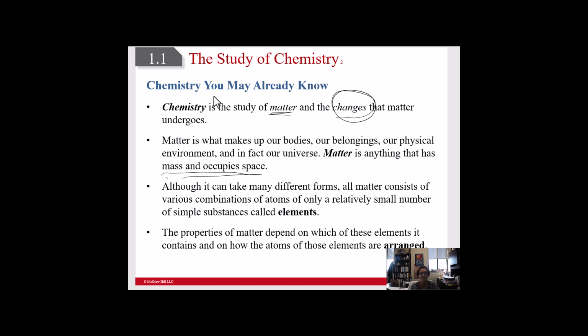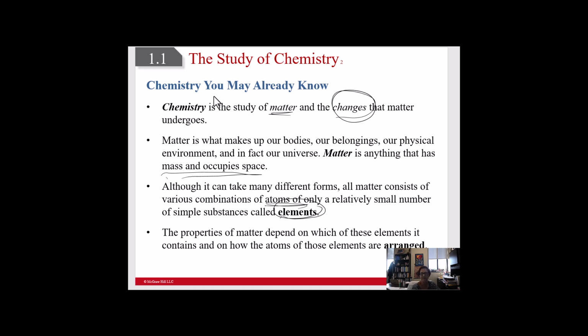And although there are different types of matter, the various combinations of atoms of a relatively small number of these simple substances are called elements. The number varies because they are all the time discovering new things, but all the naturally forming elements have been identified.